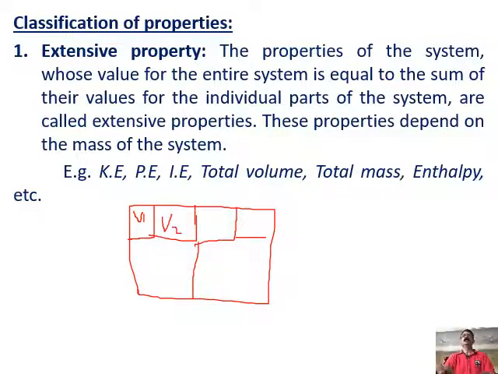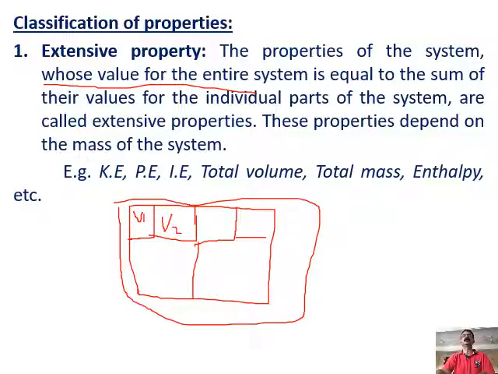Now here, the value of the entire system means what? It's the total system. If I want the total volume of the system, then what should I do? I should add the volumes V1, V2, V3, V4, V5 and V6. So is it an extensive property? Yes, because its value for the entire system is equal to the sum of the values of the individual parts of the system. I hope it is very clear to you.